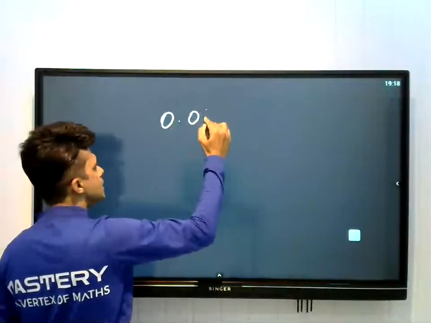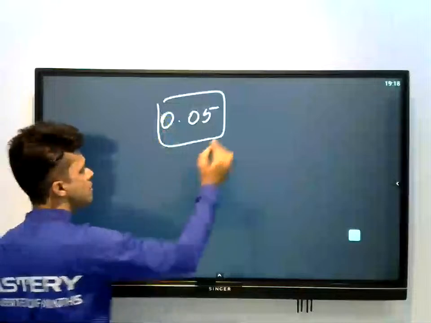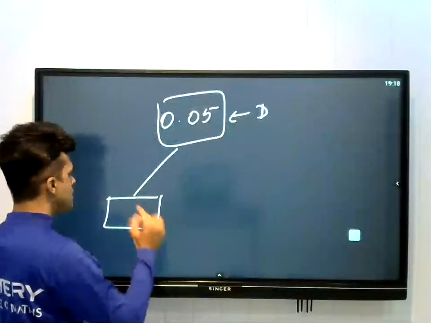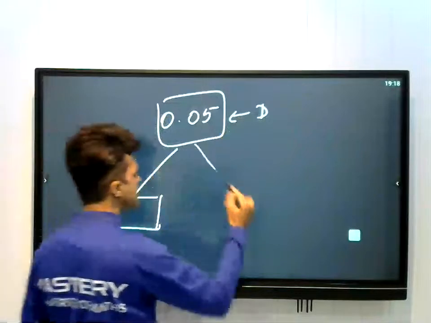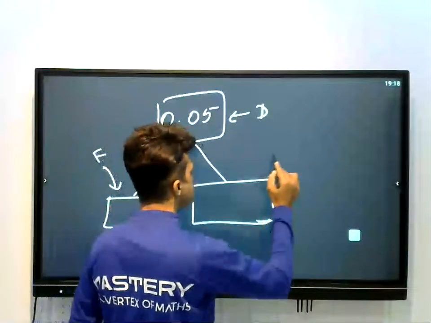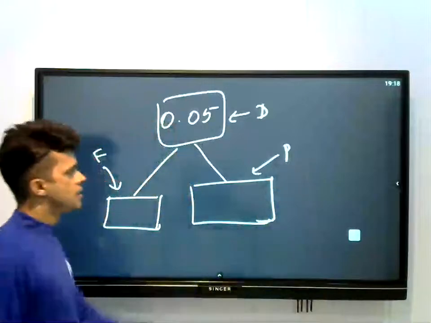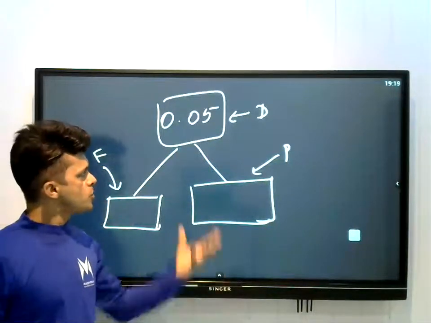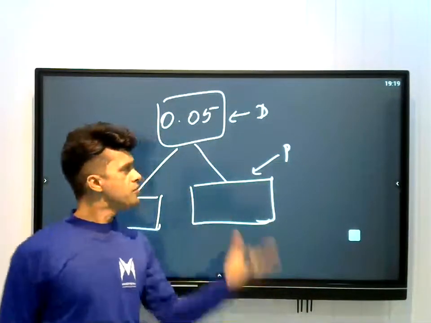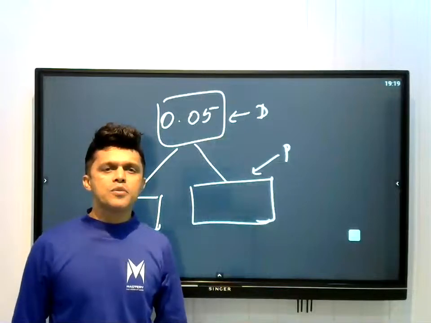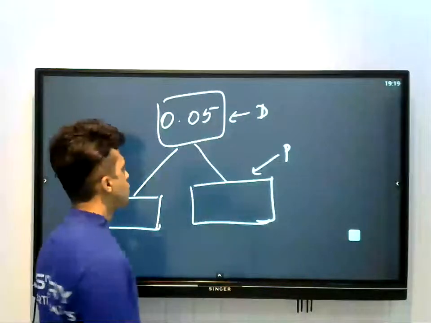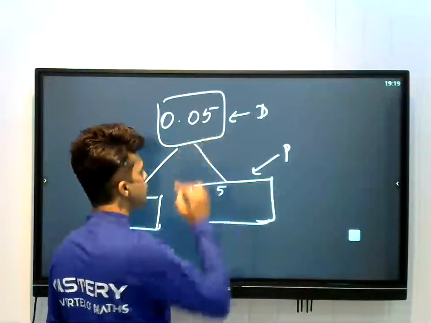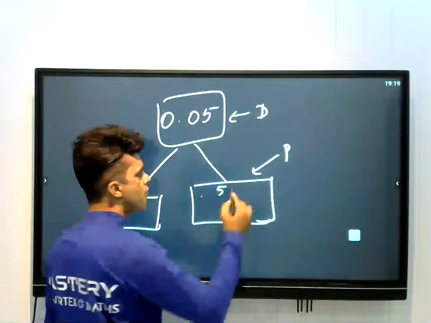This is the decimal number, and we need the related fraction and percentage. What should be the percentage of 0.05? 0.05 means 5%.